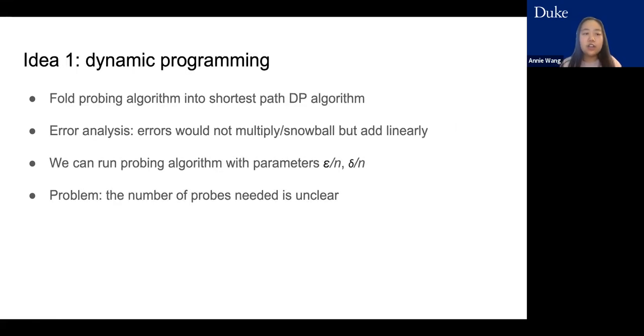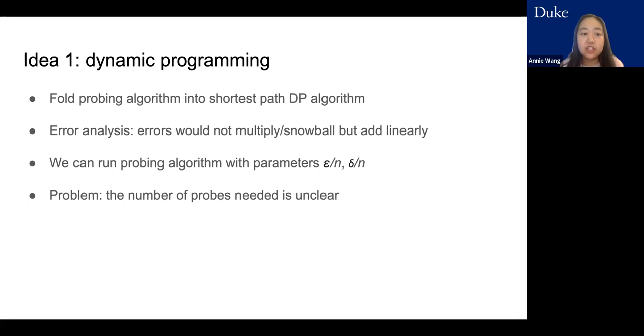The first idea that we tried to tackle general graphs with was dynamic programming. We wanted to fold our probing algorithm into some kind of shortest path DP algorithm, such as Dijkstra's, for example. Our error analysis showed that the errors would be fine. They wouldn't snowball or multiply.